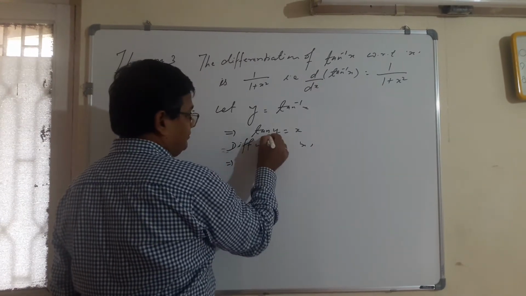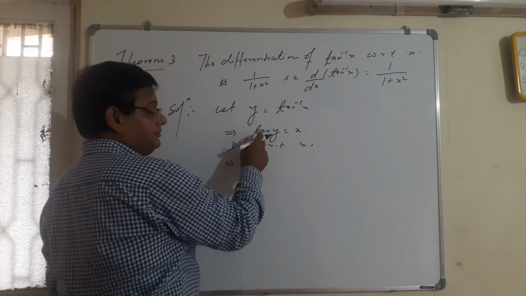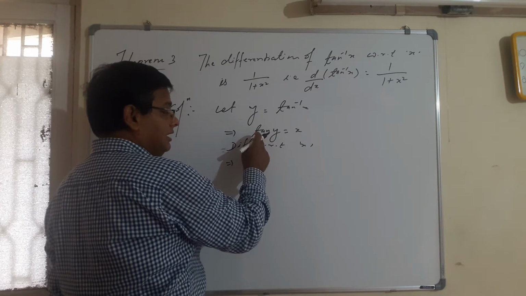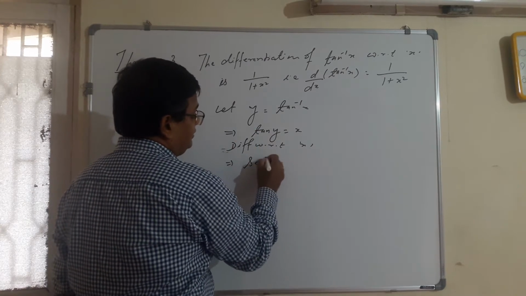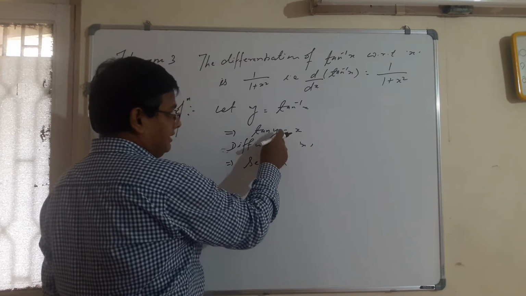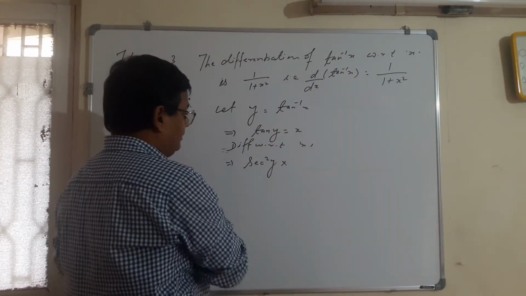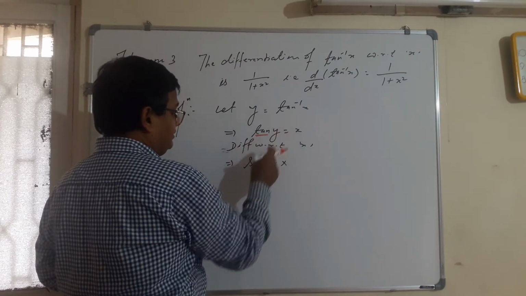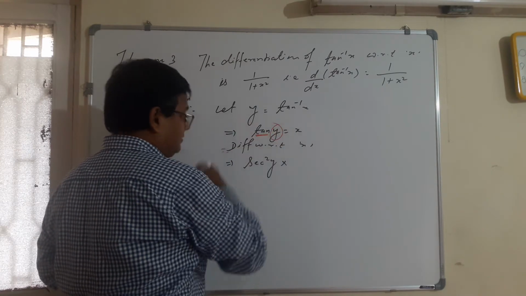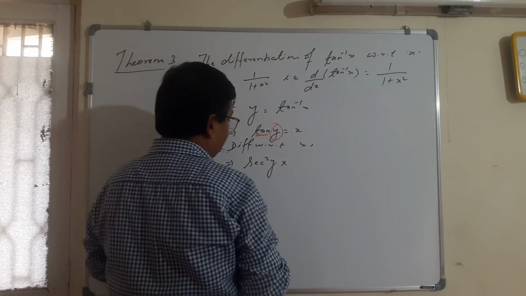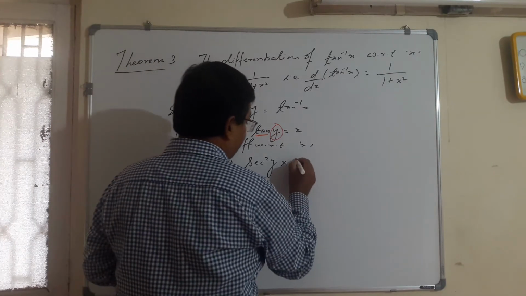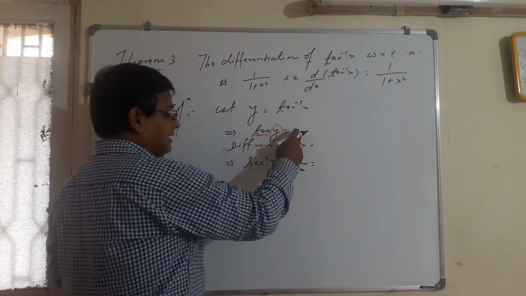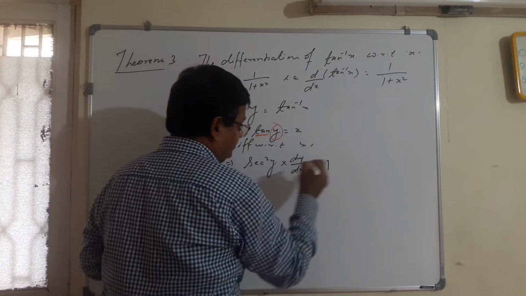Differentiation of tan, we know that differentiation of tan x is sec square x. So here differentiation of tan y is sec square y. Then after differentiation of y, the differentiation of y with respect to x is dy by dx, and differentiation of x with respect to x is 1.